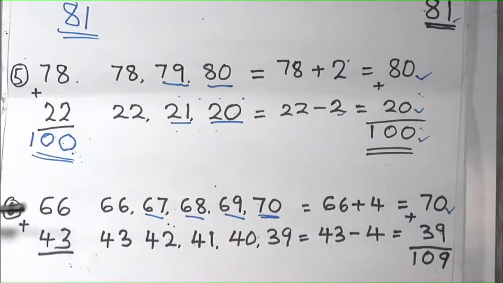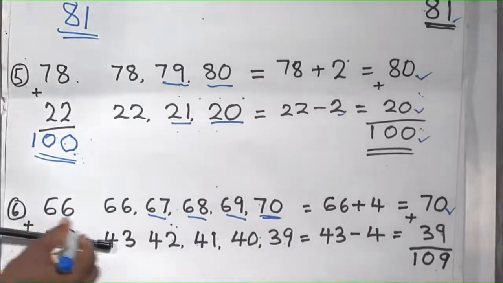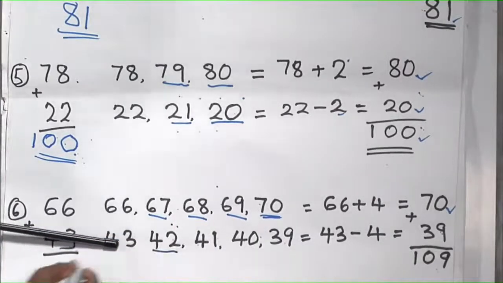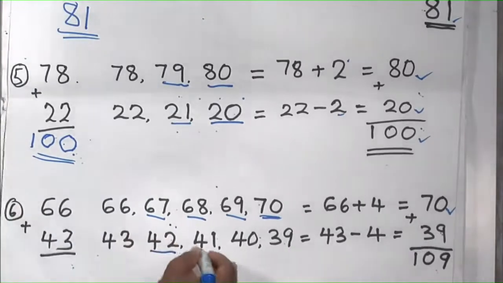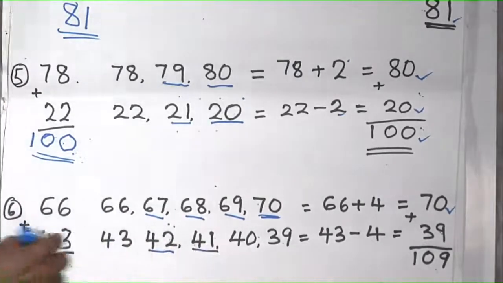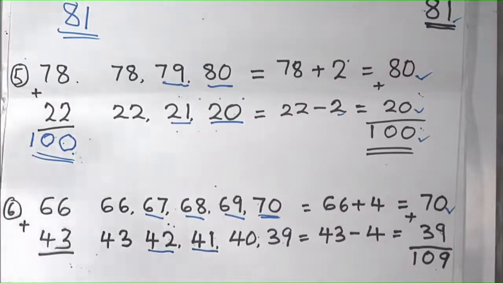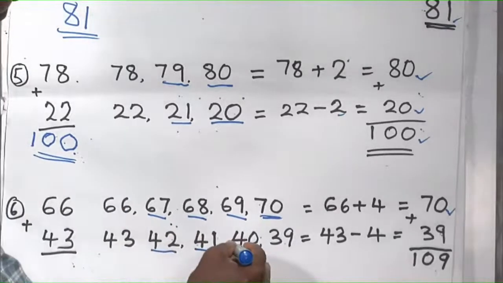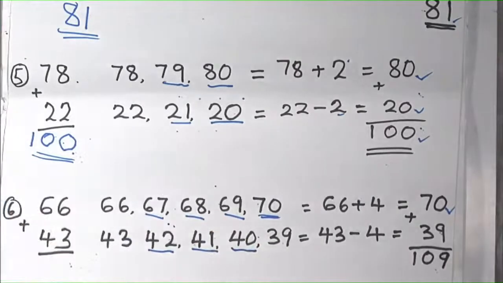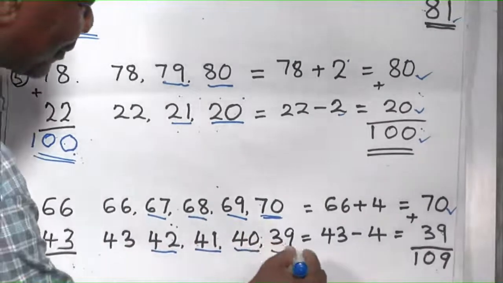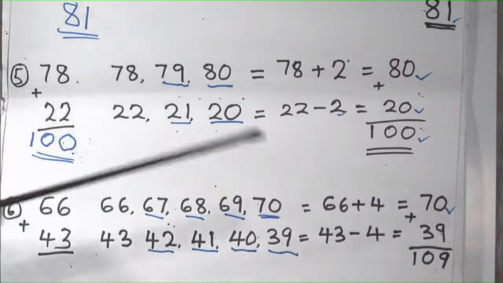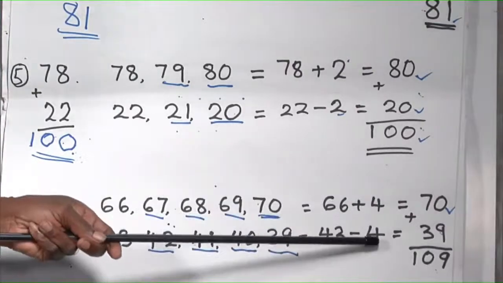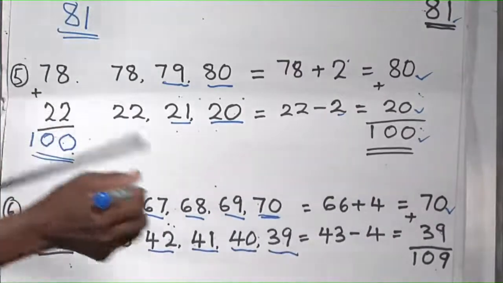And let's see, if you subtract 1 from 43, you get 42. 42, you subtract 1, that will be 41. 41, you subtract 1, that will be 40. 40, you subtract 1, and that will be 39. So our 43 now becomes 43 minus 4, which will give us 39.